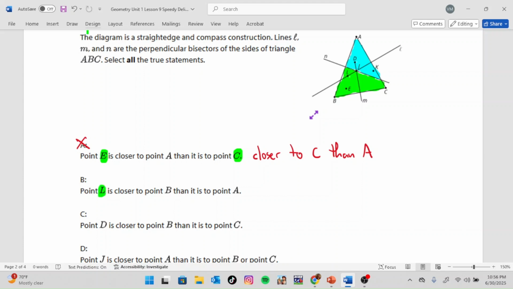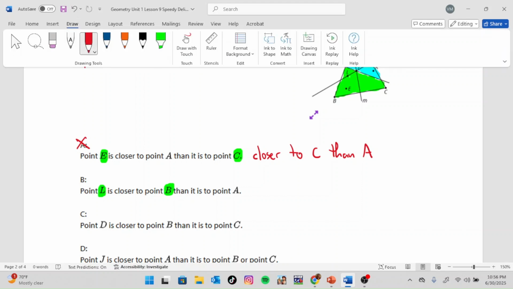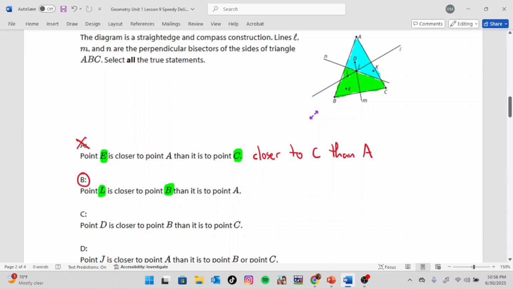And the green shaded region is closer to point B. So that means option B is correct. So that's one of our correct answers.